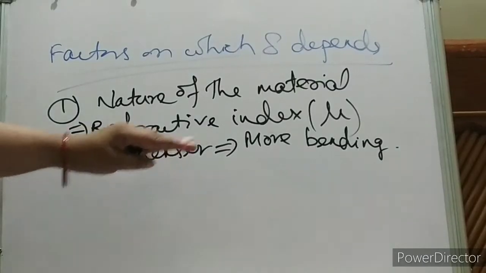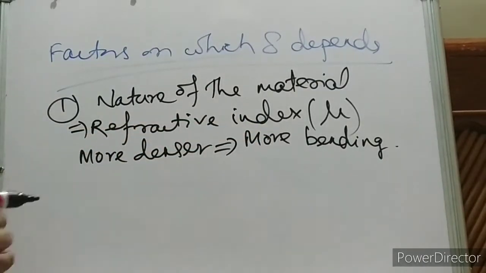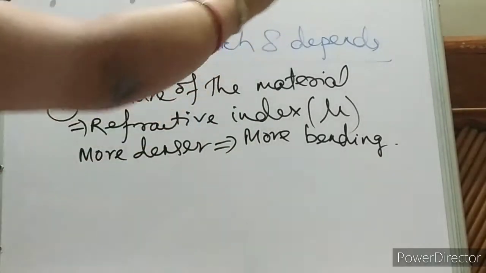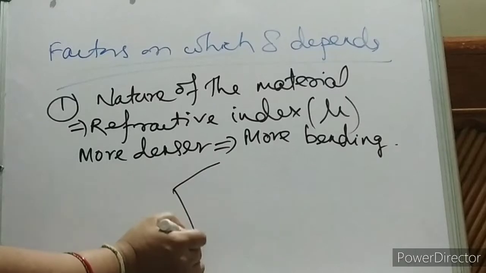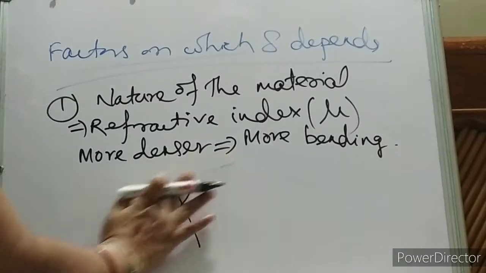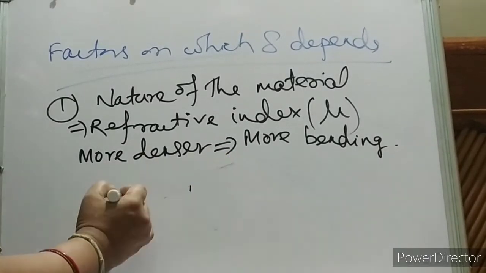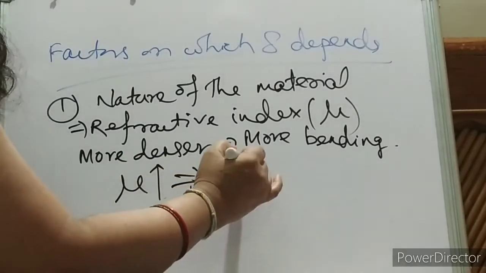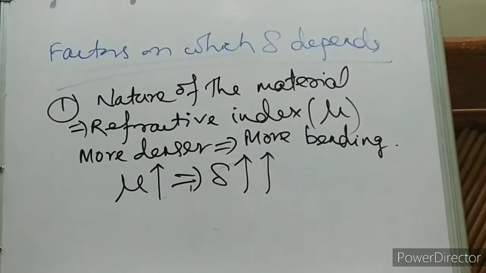More bending means more deviation, because this is your undeviated ray. So if refractive index increases, your deviation also increases.